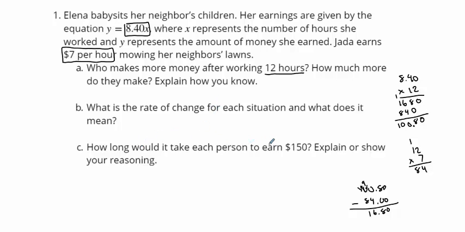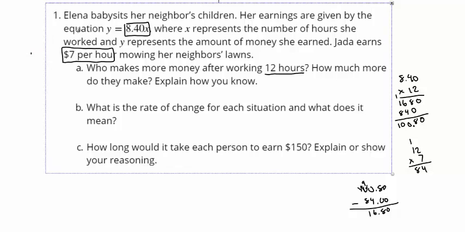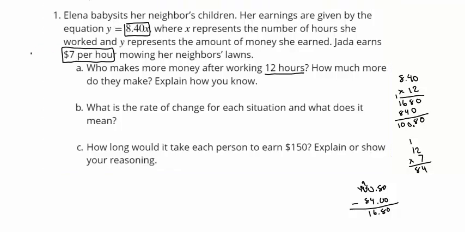How long would it take each person to earn $150? Ooh, that's a tricky one. Okay, so if I put in my equation, 150 in here for y, because y represents the amount of money she earns.